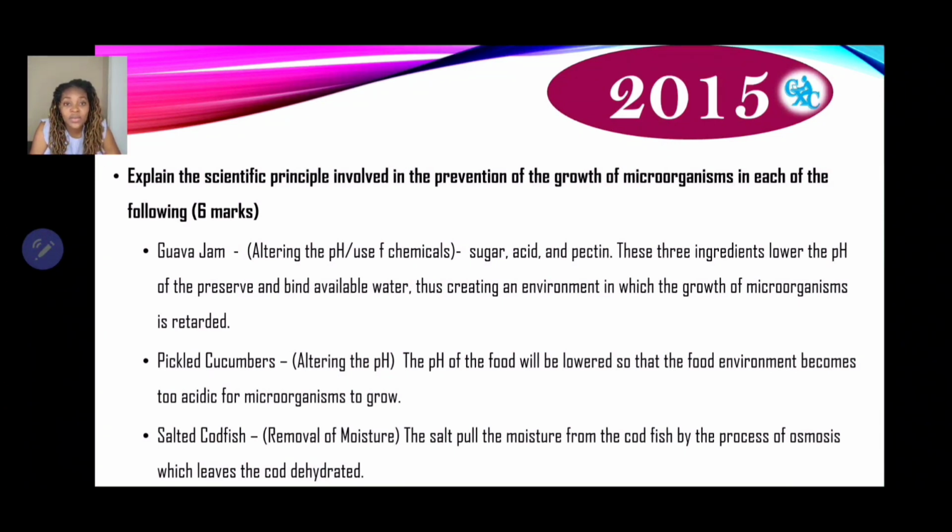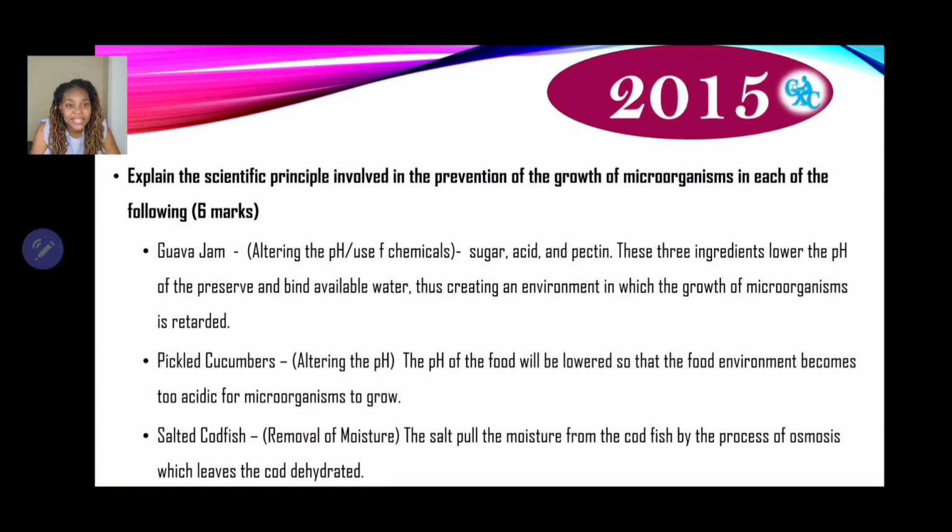So we may say altering the pH because there is some acidic content present, and also the use of chemicals, because sugar is considered a household chemical as it relates to food preservation.